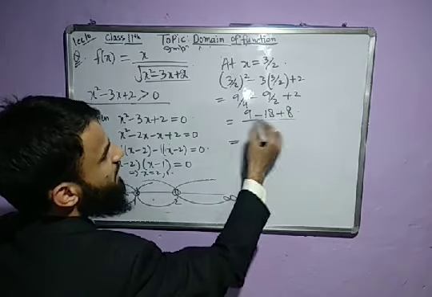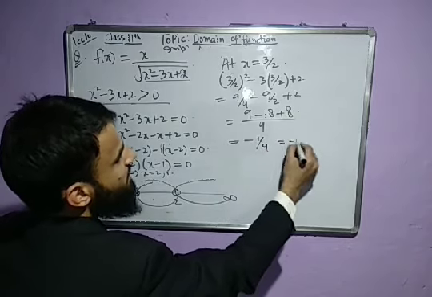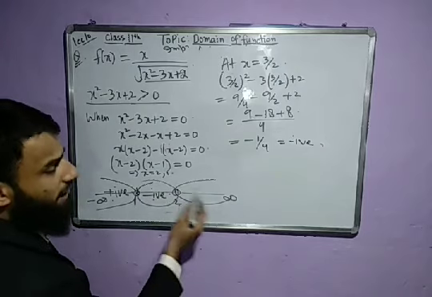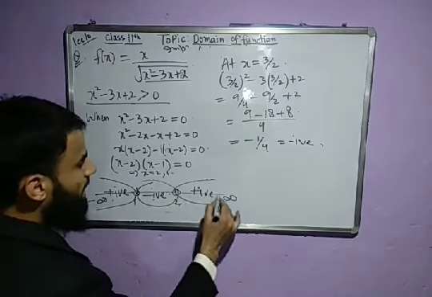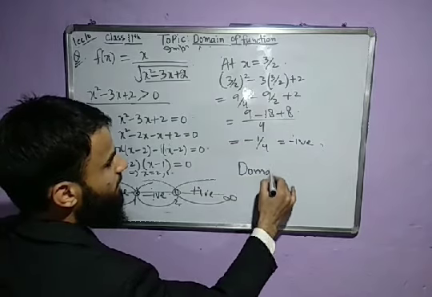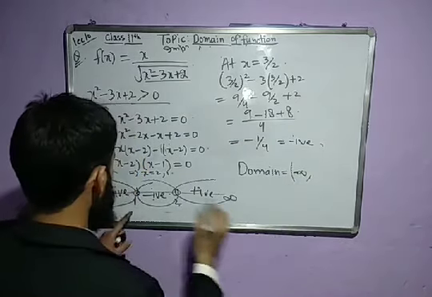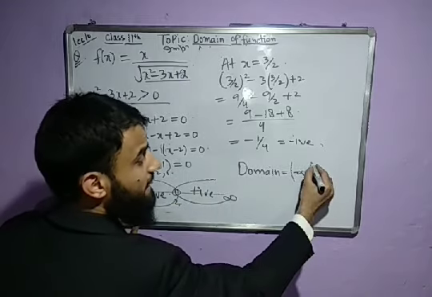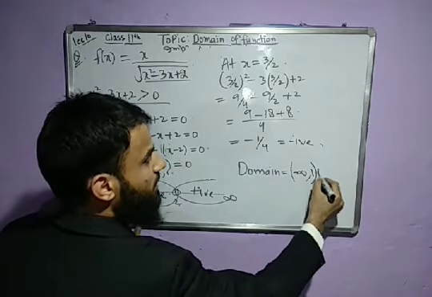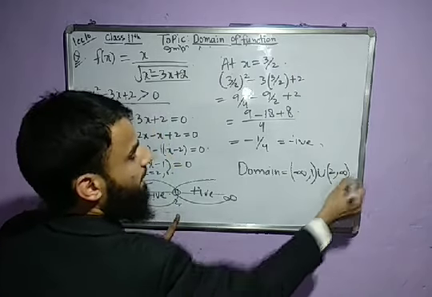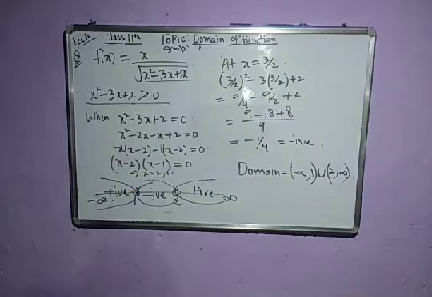And it comes out to be minus 1 by 4, which is nothing but negative. Therefore, it comes out to be negative. And if you check for greater than 2, it will come out to be positive. Therefore, the domain is from minus infinity to 1, excluding 1, union 2, excluding 2, to infinity. So this is the domain of the given function.